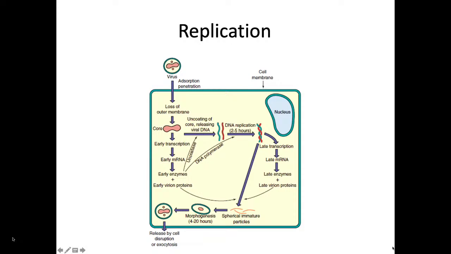And actually the virus needs to uncoat, and uncoating of poxviruses has two stages. In the first stage, the cellular proteases partly uncoat the virus, but then after partial uncoating, early transcription and early translation are initiated, and among early proteins, the virus encodes its own uncoating enzyme. The uncoating enzyme completely uncoats the virus, and so viral DNA is released.